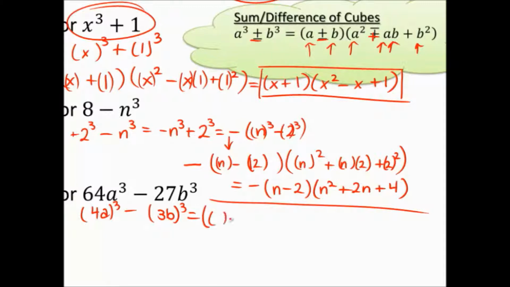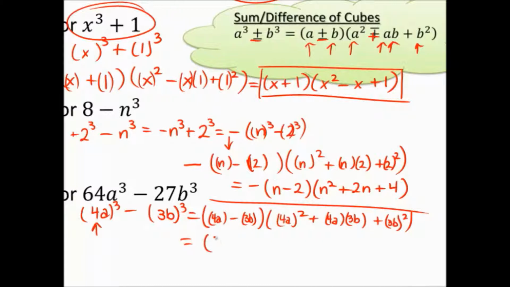That's going to be a minus b and a squared plus ab plus b squared. Our a term is 4a, and that goes into wherever a was listed in the formula. And our b was 3b, just inputting that in there.